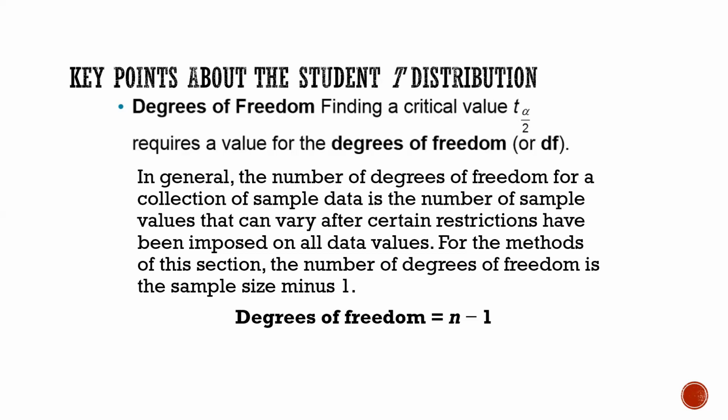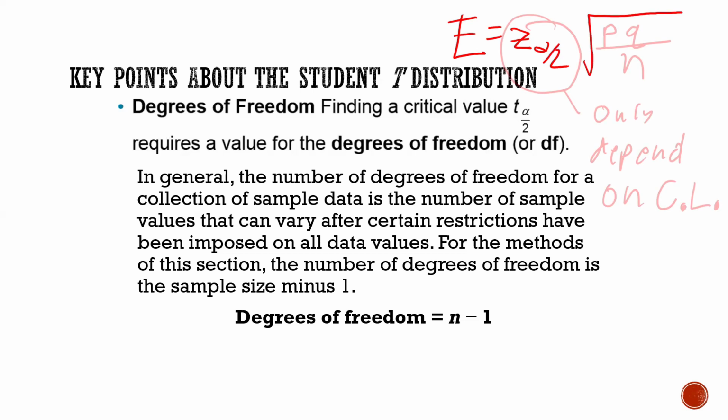Now, just like before, we had to find critical values. Before, our formula for the margin of error was E equals z alpha over 2, where that was your critical value. That's how you got it before.